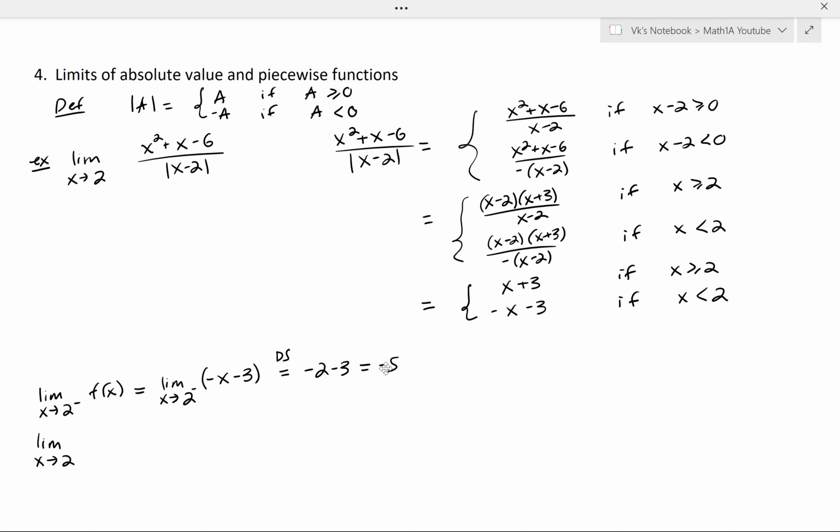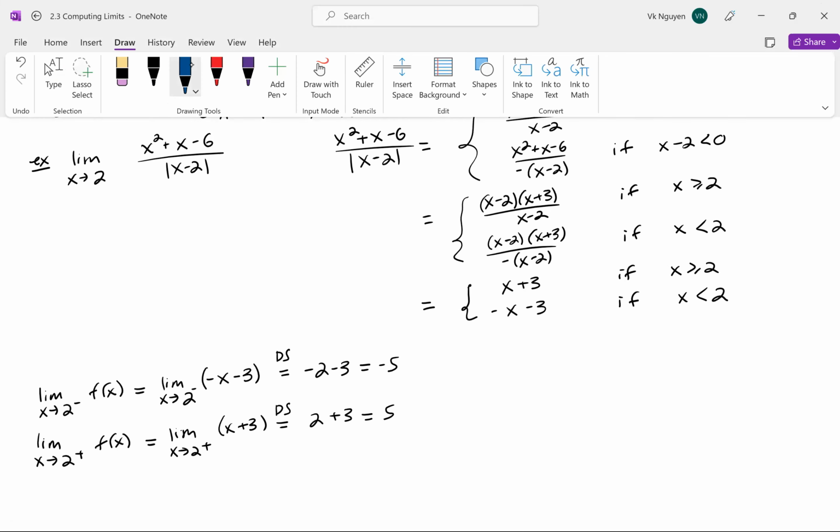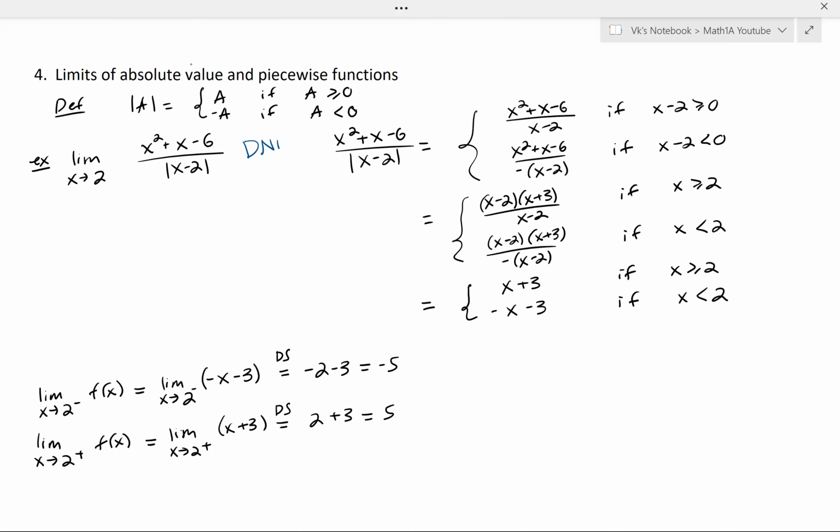The limit as x approaches 2 on the right side of f(x) is the limit as x approaches 2 on the right side of the right piece, x plus 3. Do the direct substitution, we get 2 plus 3, and that is 5. Oh, the two limits are not the same. So the limit as x approaches 2 of the absolute value function does not exist.